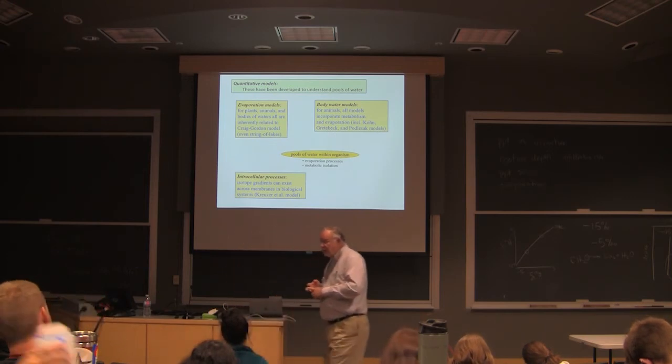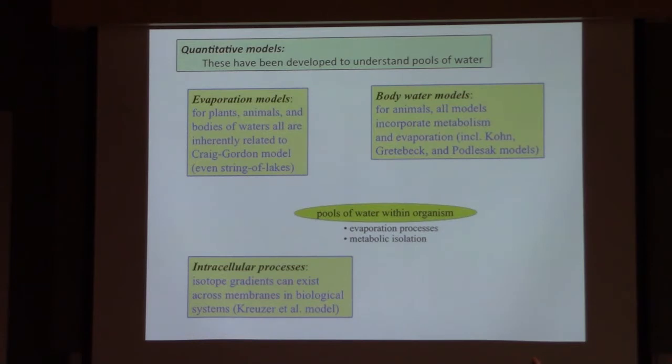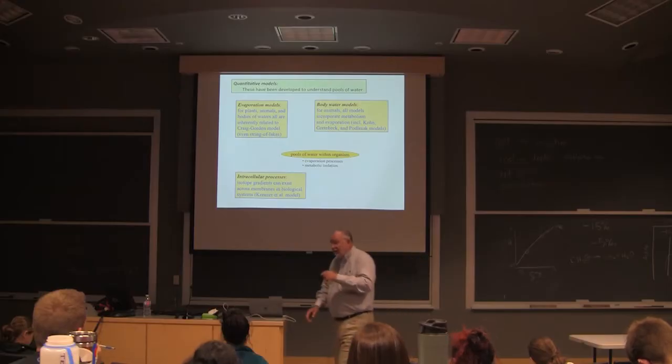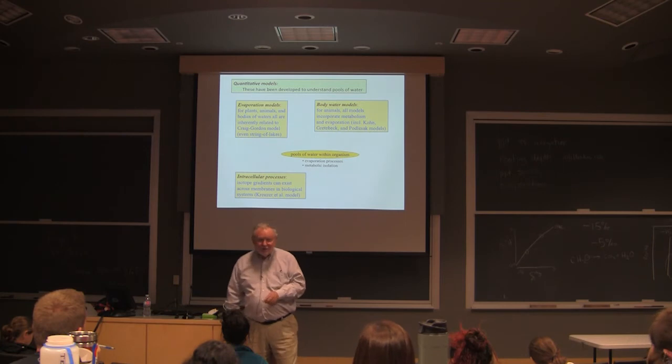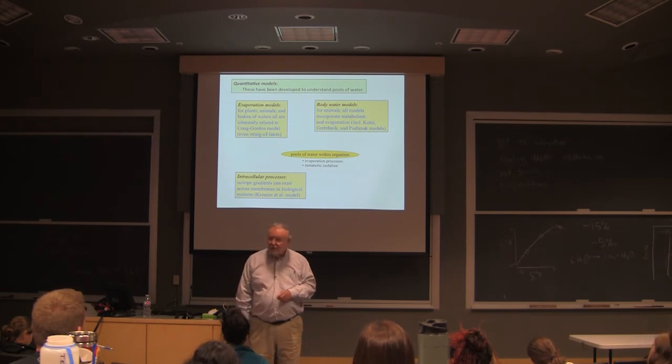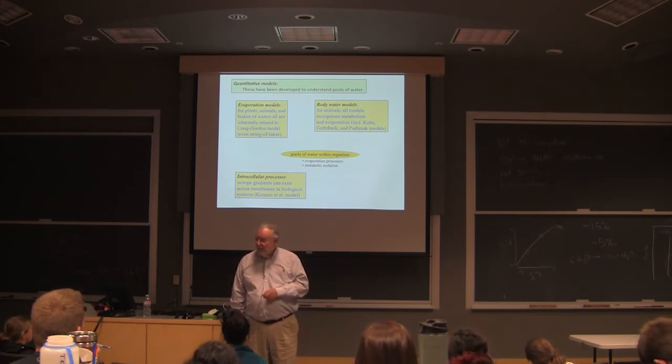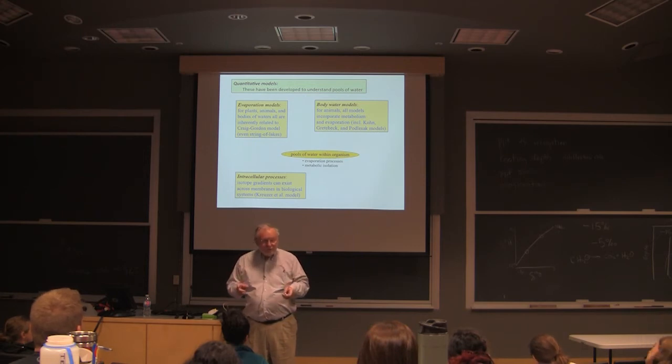So these models all exist. So they take advantage now of evaporation processes that are known and of metabolic isolation. And metabolic isolation is the most exciting thing that I think has come out in the last 5 to 10 years. And I'll give you the take-home story.